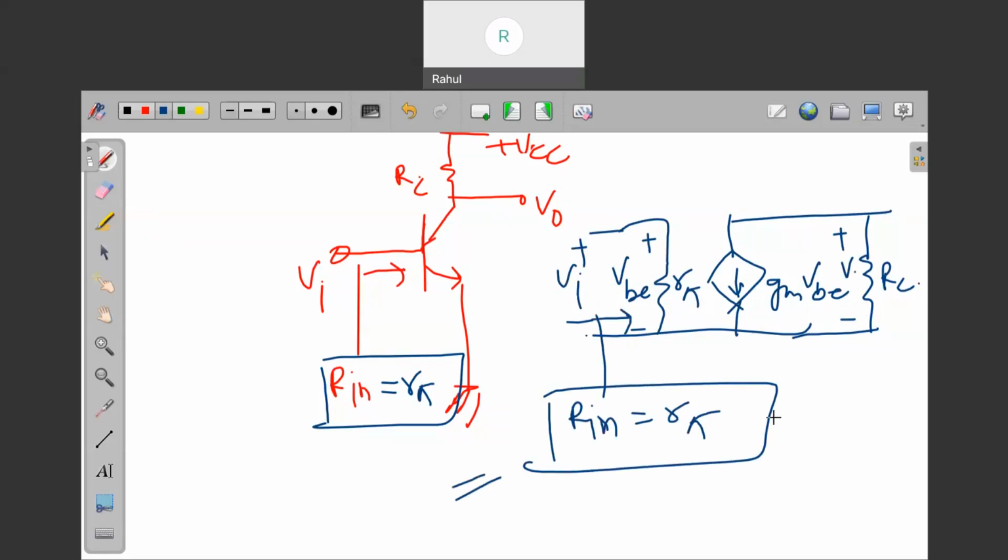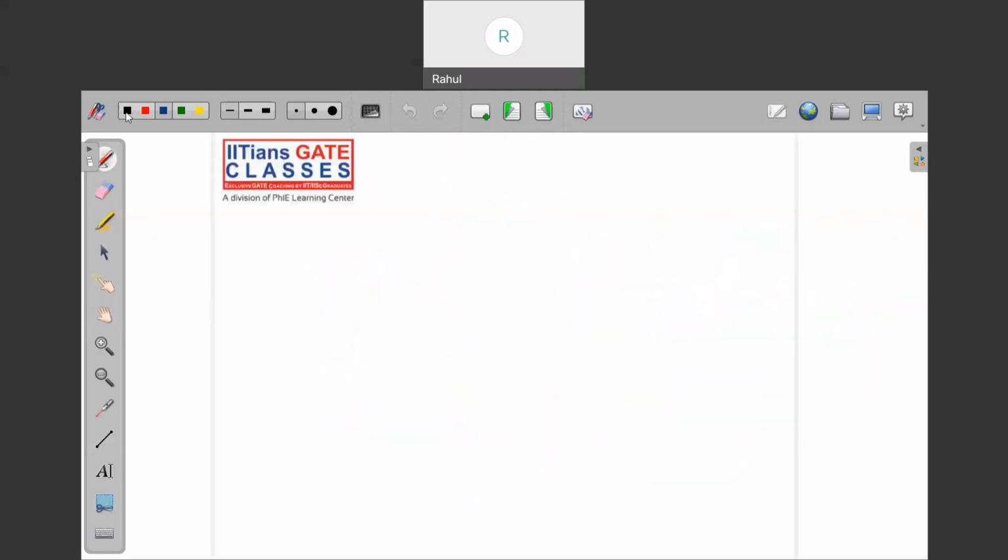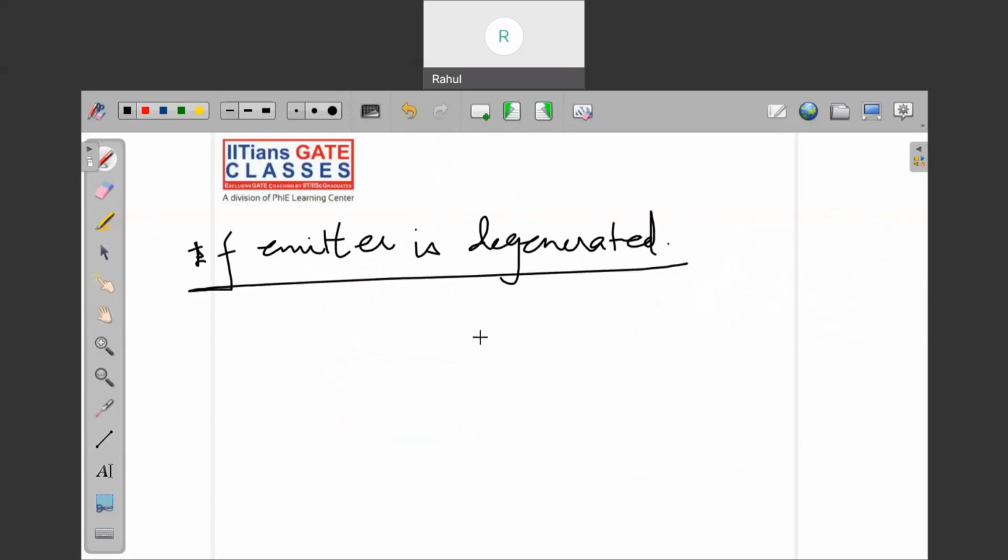Without this RE. If the emitter is degenerated, then what will happen? This question is also asked most of the time.